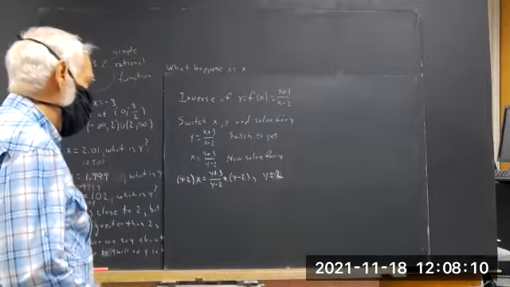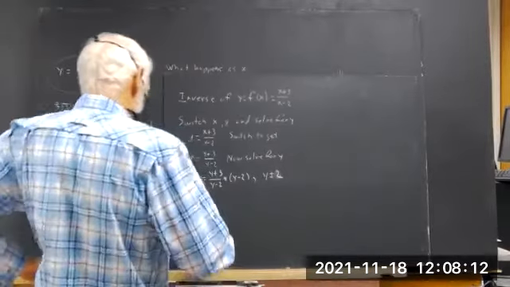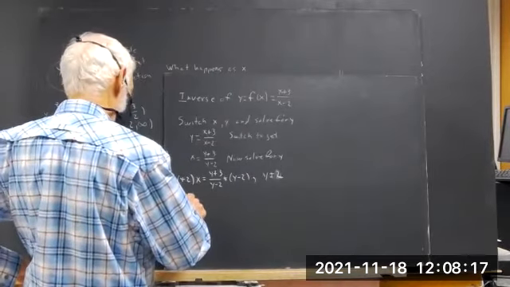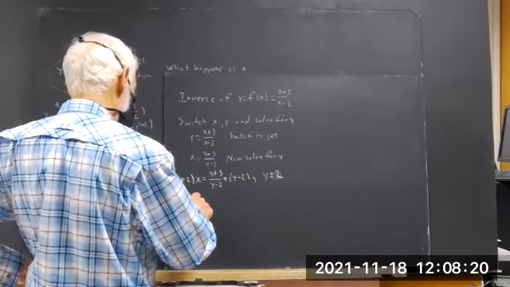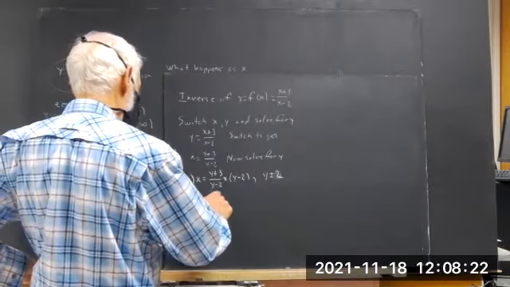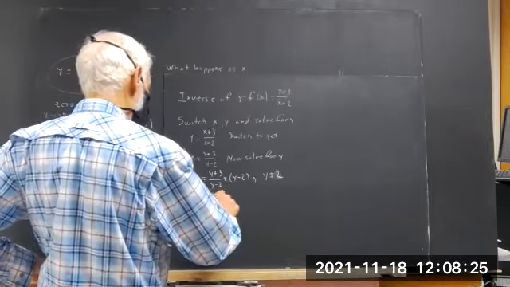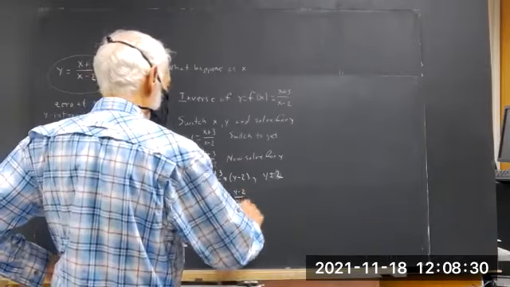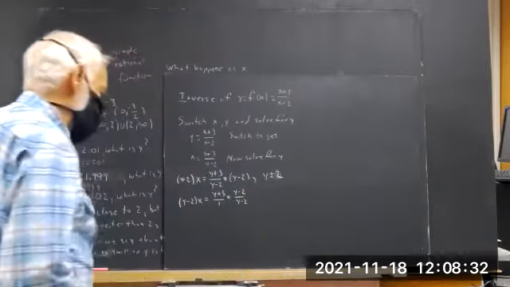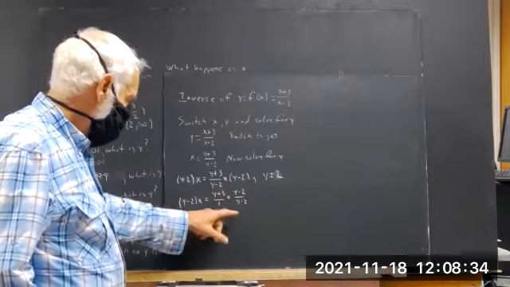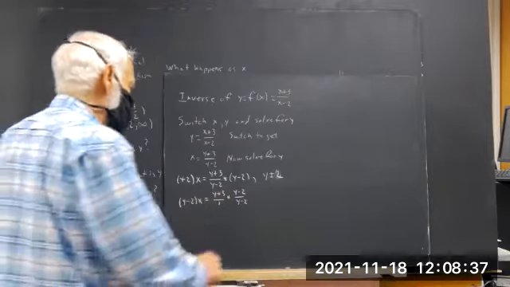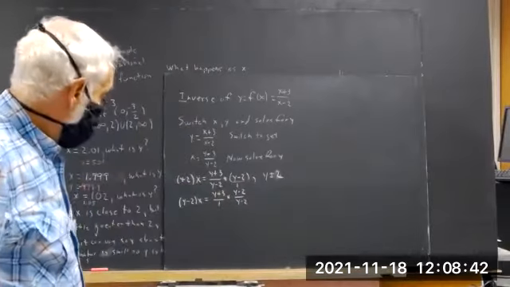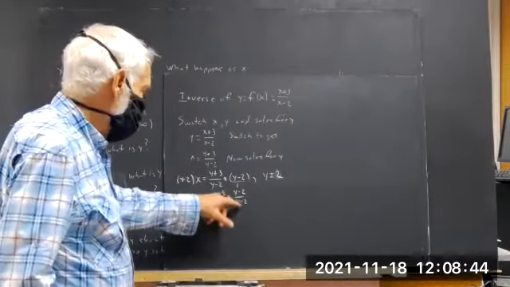I have to exclude y equals 2. First I multiply numerator and denominator here, and multiply numerator and denominator here, and I can put one denominator to multiply.